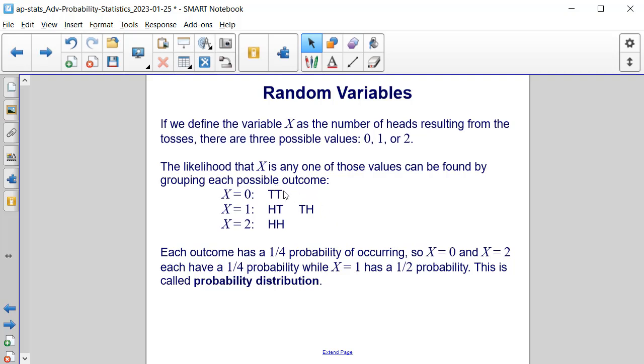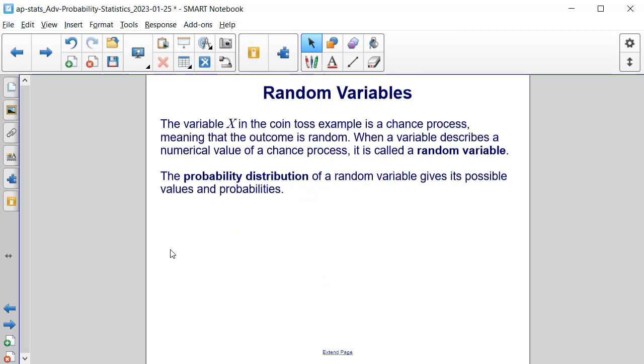Each outcome has a quarter probability of occurring. So capital X equals 0 and capital X equals 2 each have a 1/4 probability, while capital X equal to 1 has a 2/4, or 1/2, probability. And what we have with these outcomes and their probabilities is called a probability distribution.